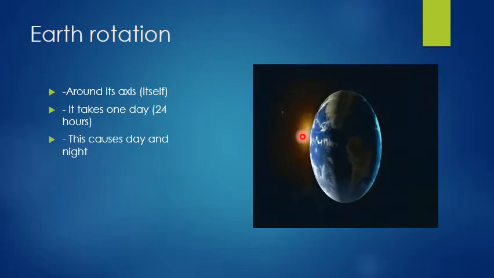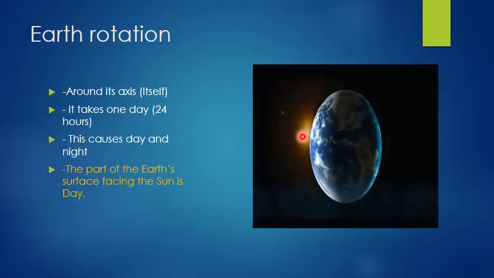So the sun appears to rise from the east to the west, but actually it is the Earth rotating around itself from the west to the east. And this is what causes day and night.